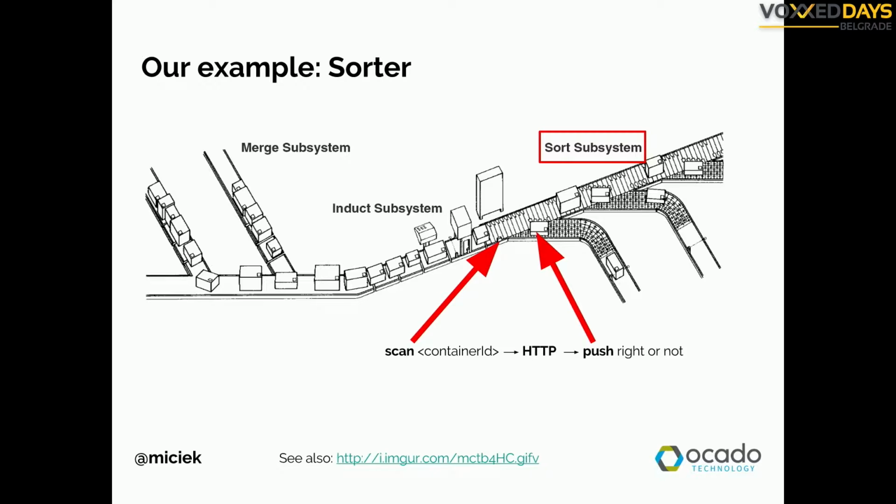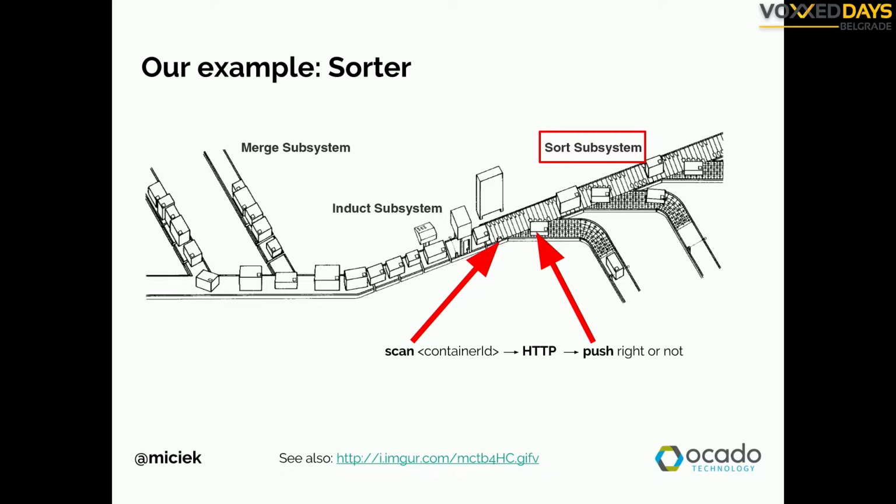And each time the scanner scans the container, it sends a request to our HTTP server, which we'll implement, with the container ID and the junction ID on which this particular scanner is. And then the web server we need to create needs to return the decision for this particular container.